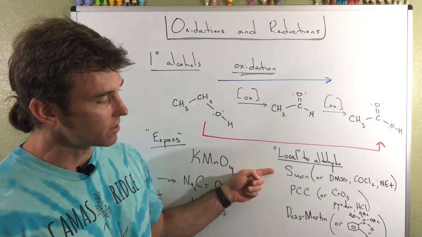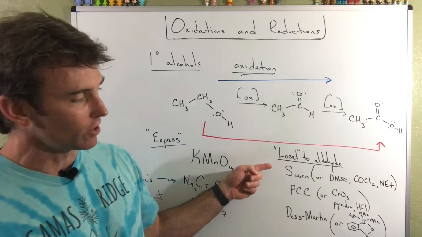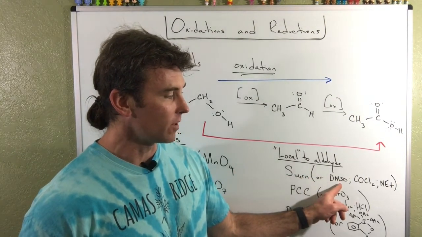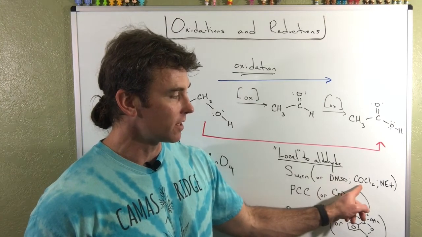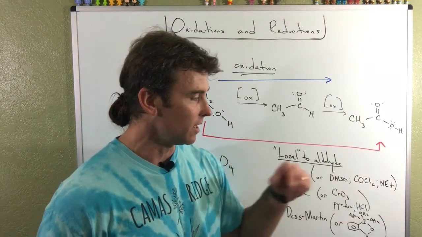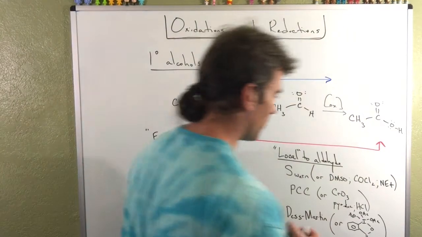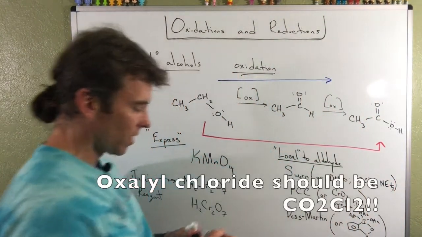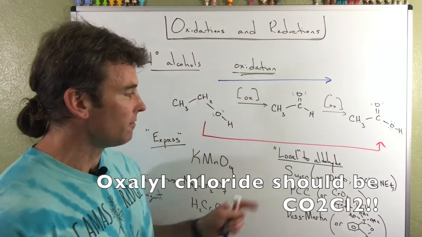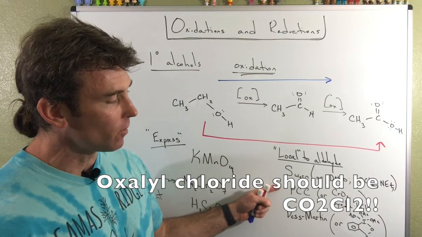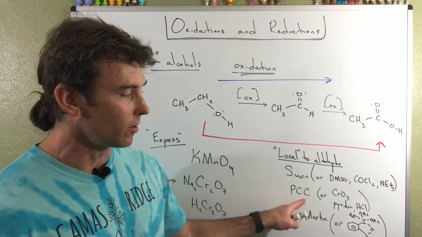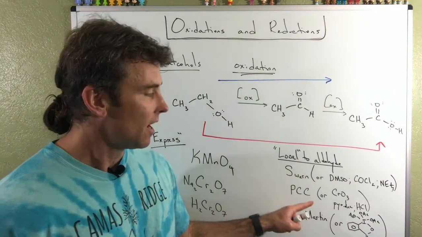So one is the Swern oxidation. Just in case you have to recognize it without the name, that involves DMSO, COCl2, and triethylamine. And this, by the way, is called oxalyl chloride. We also have probably the most popular one on the ACS, which is oxidation with pyridinium chlorochromate, or PCC.